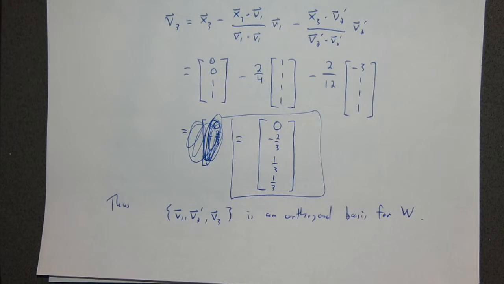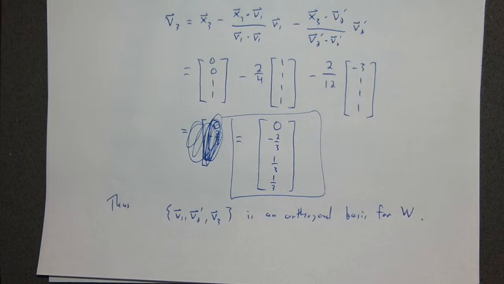This is going to be our way of constructing orthogonal bases. So if you see a problem where you need to construct an orthogonal basis, Gram-Schmidt is the answer to that. This is basically the only method you have of doing it, except in very, very simple cases. All right. So that's that.